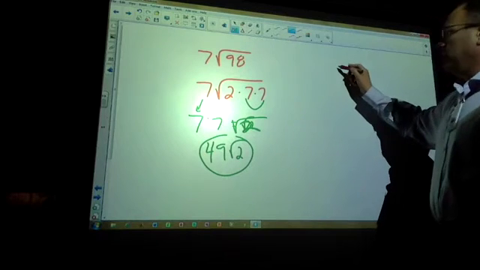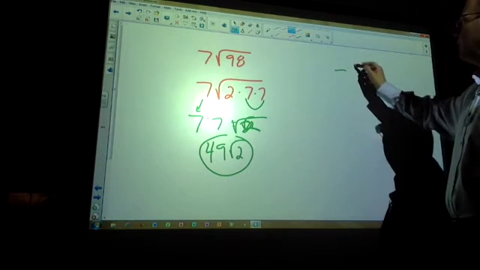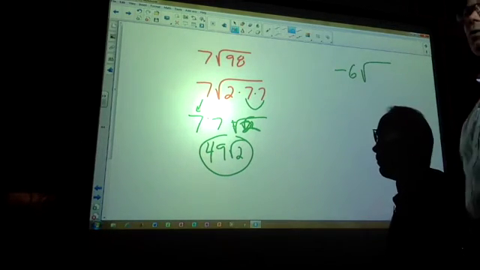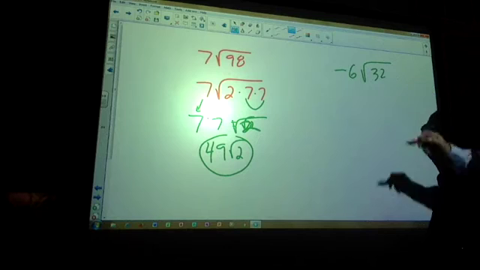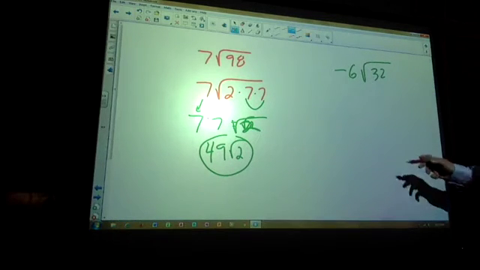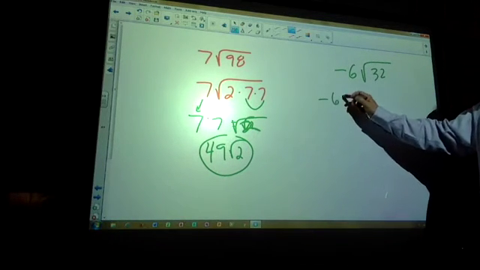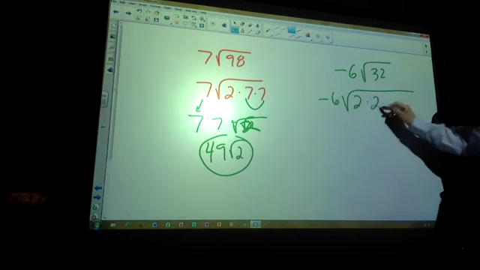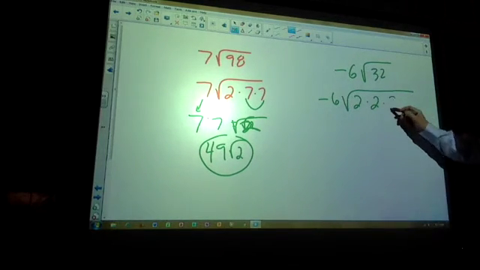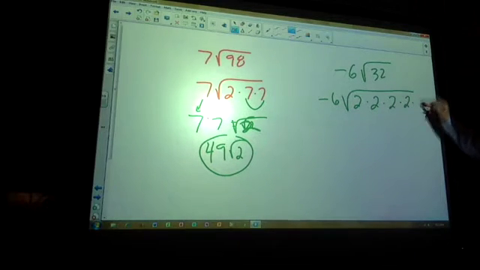Another example of that would be like if I had negative 6 and then square root of 32. So let's break this down. I have negative 6, and then let's break 32 down. 32 is 2 times 16. 16 is 2 times 8. 8 is 2 times 4. 4 is 2 times 2.